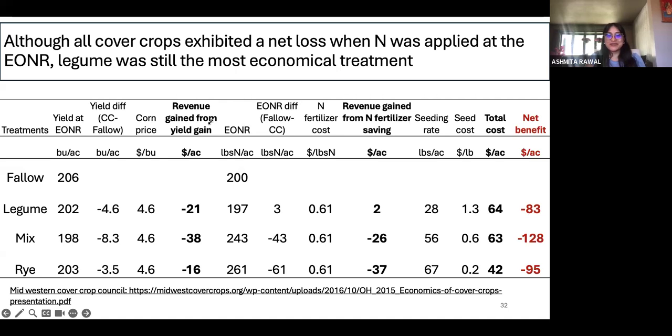I think other people will be able to provide more perspective on this than I do, working with growers. But I don't want to tell them that you're losing $83 per acre and still you should do this. But there are environmental costs associated with it for sure.